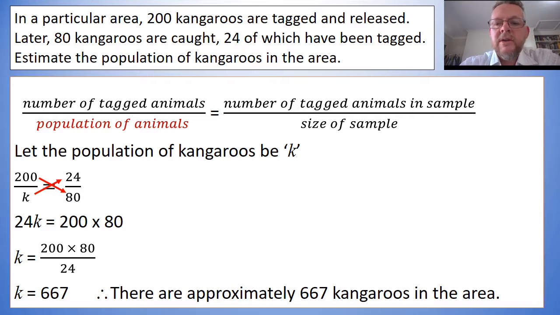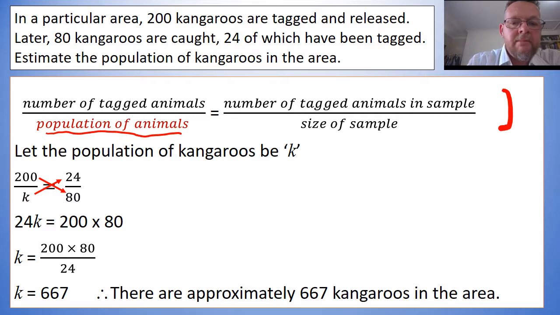We're going to do this by using equivalent fractions, and so here are our two fractions. The only one that we do not know is highlighted in red here. So let's look at this information and work this out. On day one, I've caught 200 kangaroos.